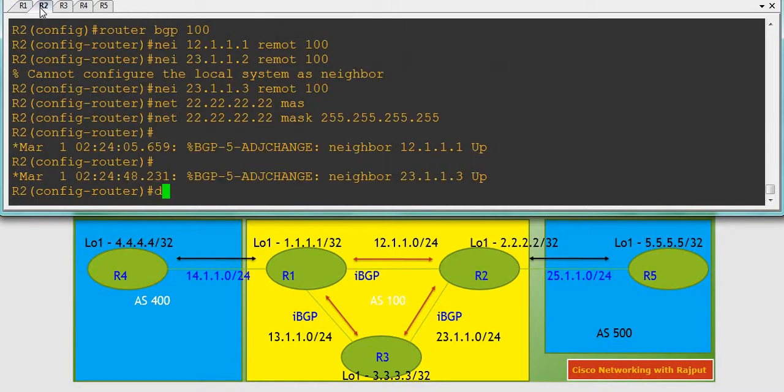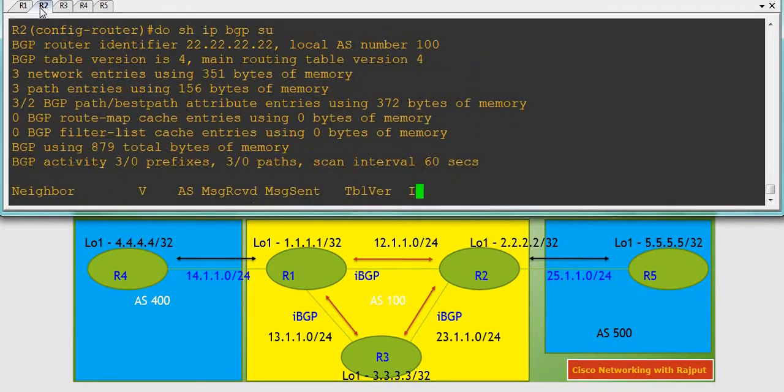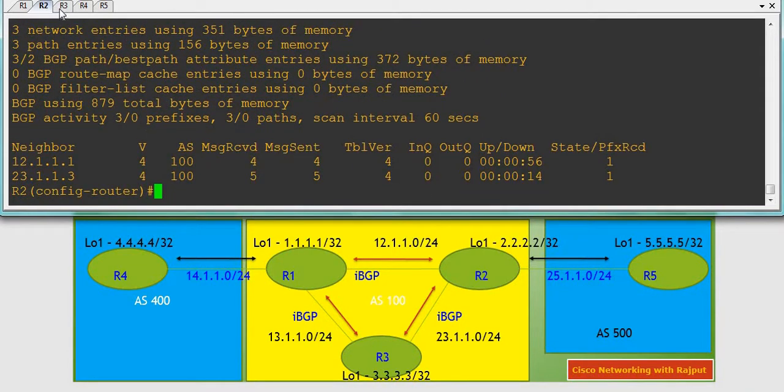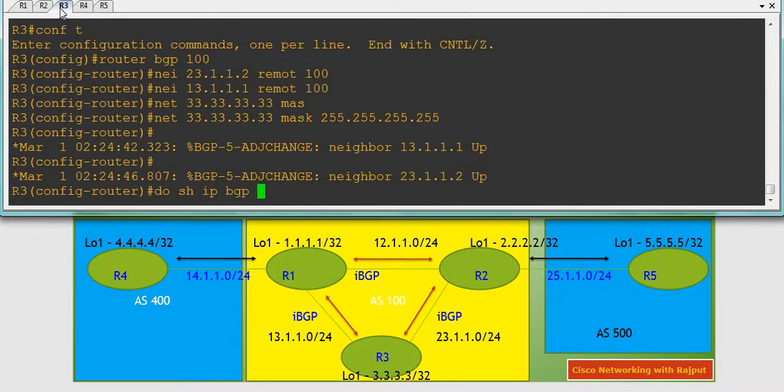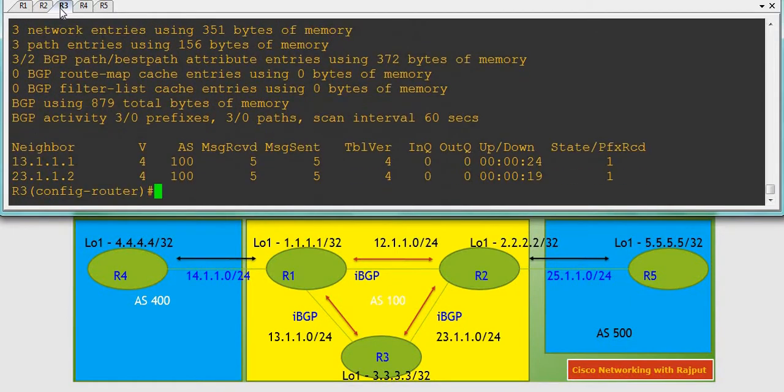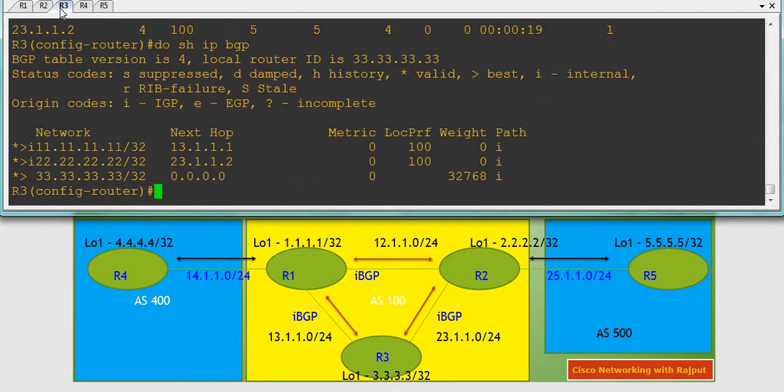Let us check on router 2. Again the same, and on router 3 as well. Okay. Let us check the show ip bgp table on router 3 and see what prefixes it has.